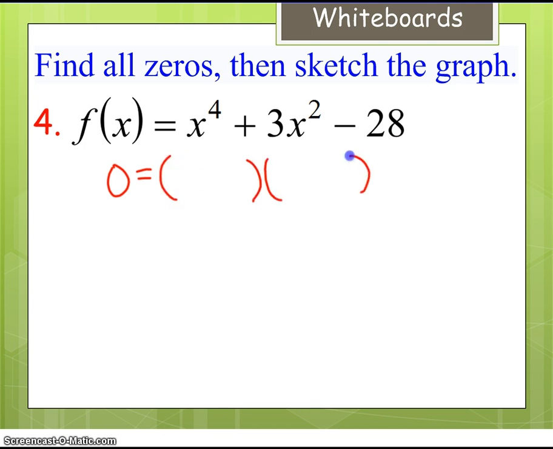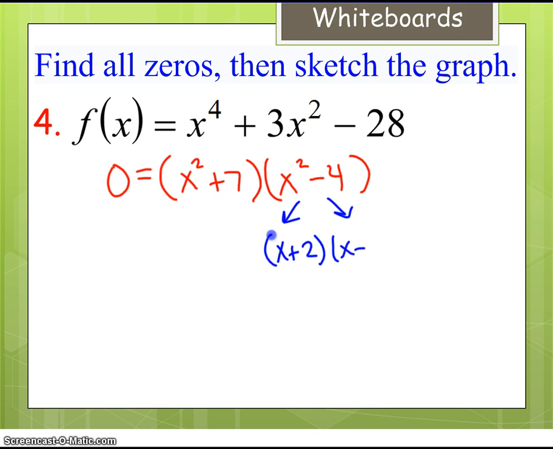Factors of 28 that add up to 3 are going to be 7 and negative 4. Because it's x to the 4th, remember to split x to the 4th evenly, and you get x squared, x squared. x squared minus 4 can be split again to x plus 2, x minus 2.